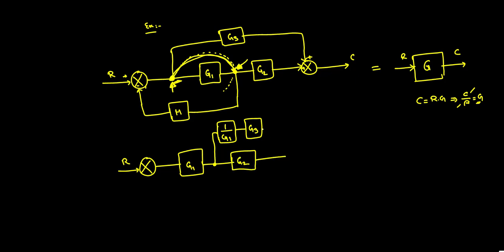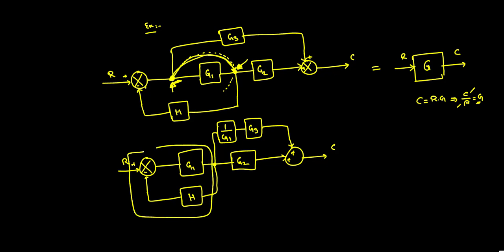Now here C2 is there, and there is a summation block. This is plus, this is plus, this is C, and this is plus, this is minus, and this is coming as H. Now this is very simple. It is a simple feedback path.